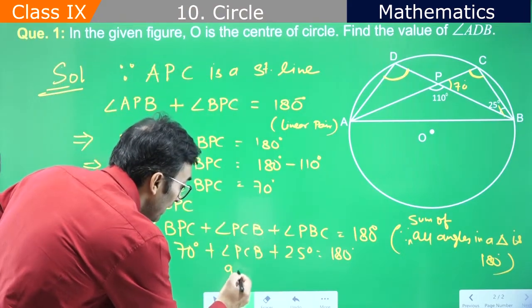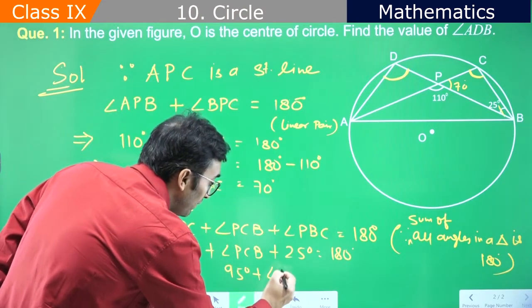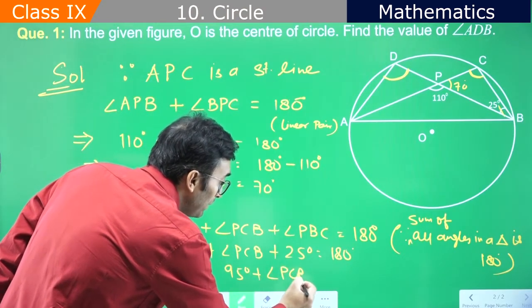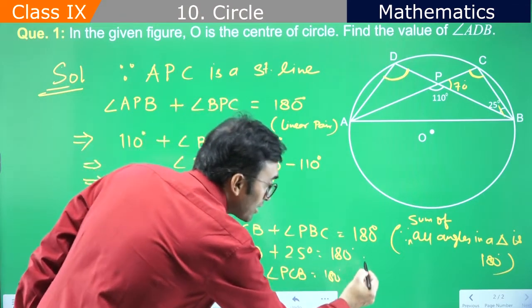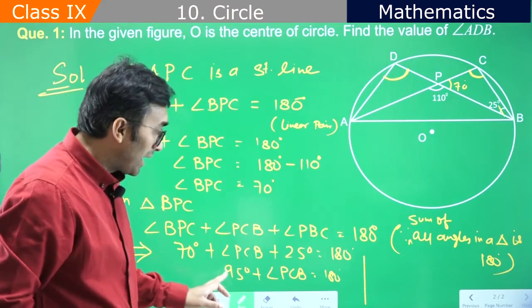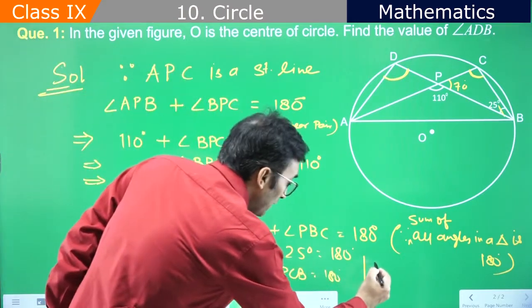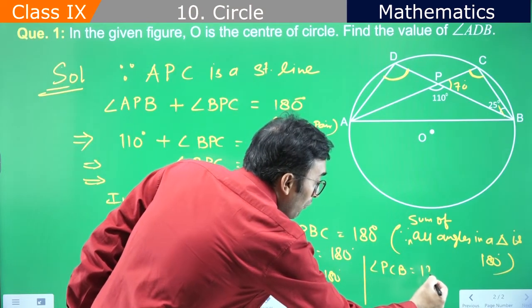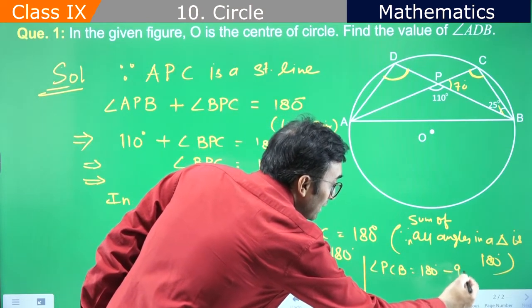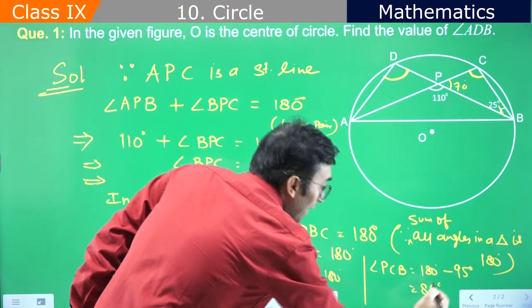Now we can transfer 95 to that side. So angle PCB equals 180 degree minus 95 degree, so that will give us 85 degree.